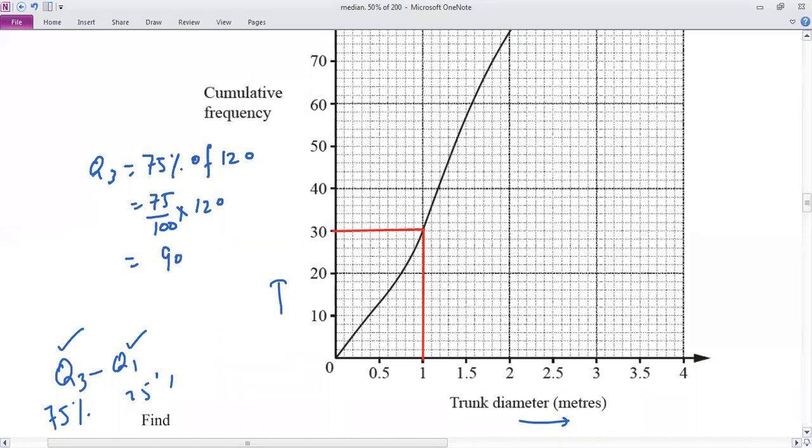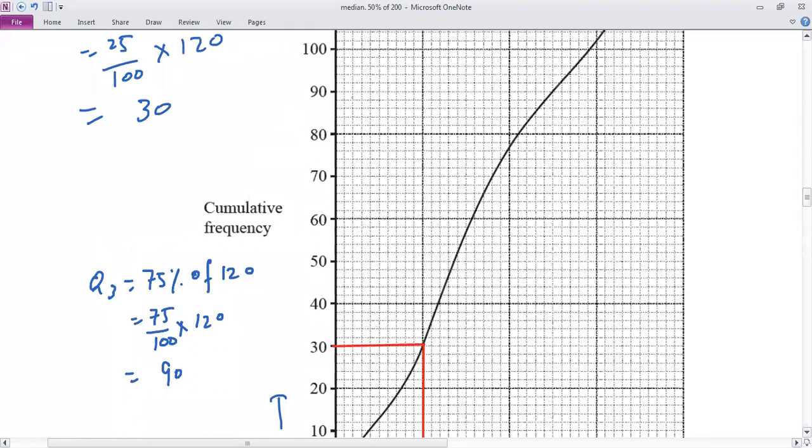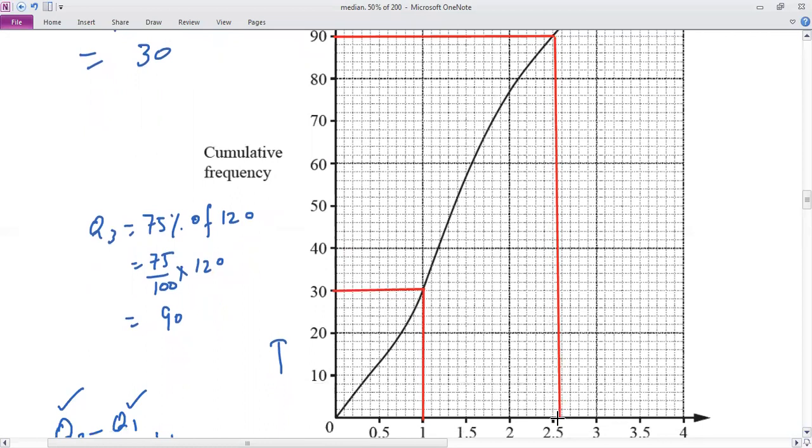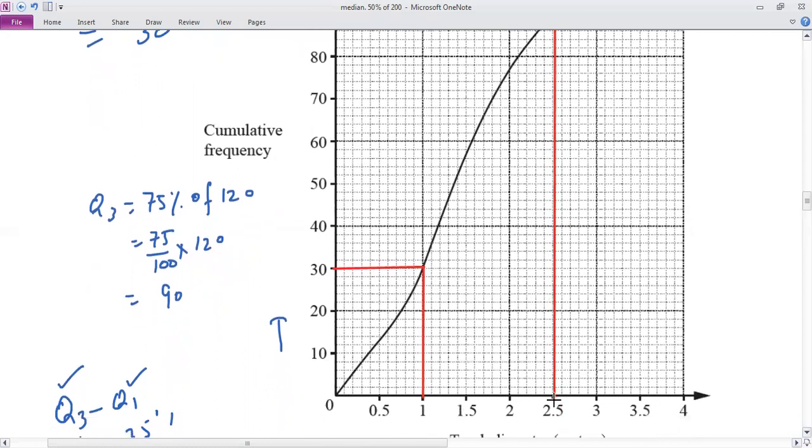So from 90 for cumulative, we need the diameter. I will draw the line from 90. Where it touches the curve, I will come down straight. It's 2.5, yes?